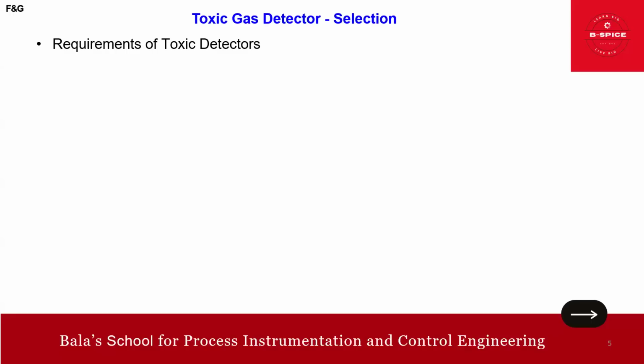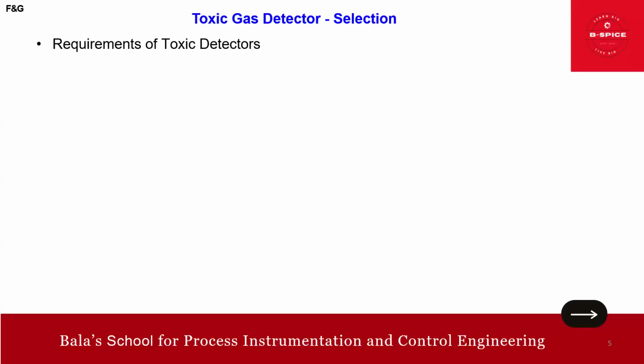So for detection of toxic gases, what we have to go for is solid state electrochemical diffusion adsorption type detector. Just that one you remember. And sensor response shall not be affected by ambient temperature. That is another point. Sensor shall be highly specific to the toxic component as specified in the data sheet.